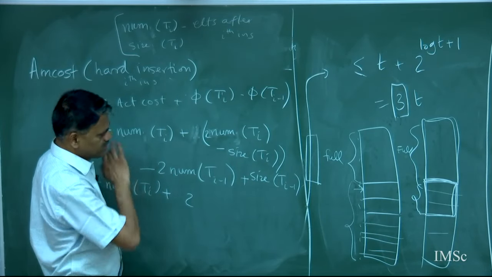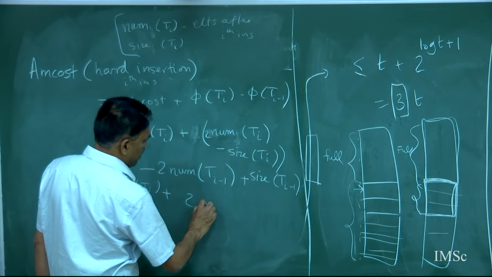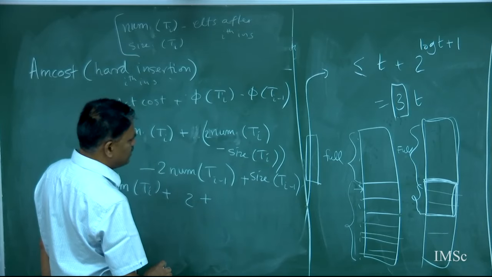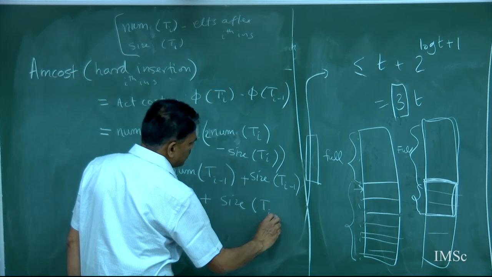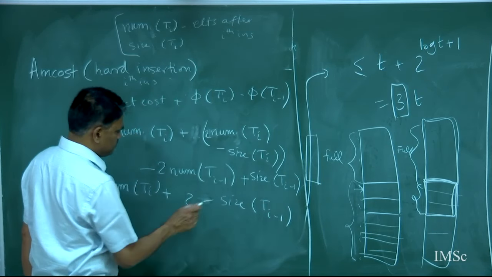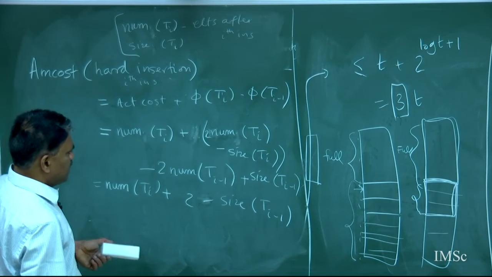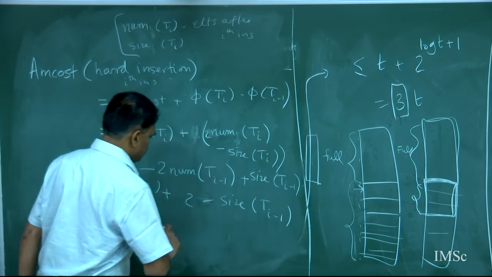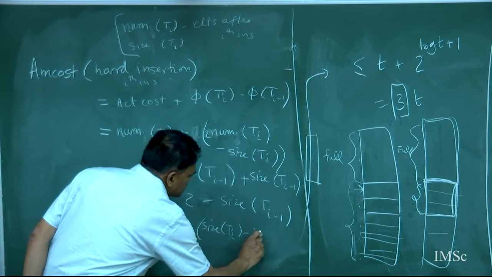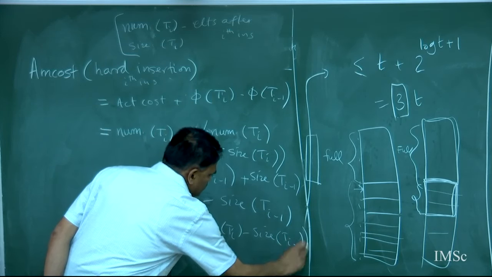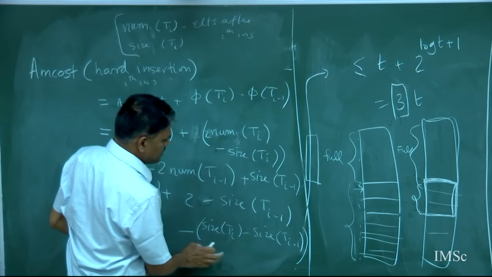Now let's talk about size. Size doubles, so it's minus size of Ti minus size of Ti minus 1.